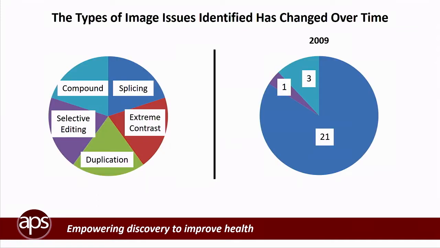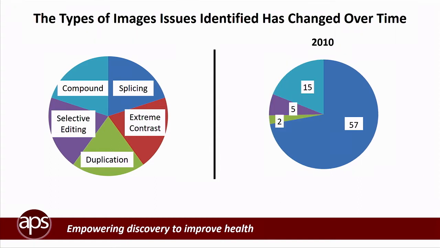Another question we wanted to look at was whether the types of image issues that we identified had changed over time. As I mentioned, we looked for evidence of splicing, extreme contrast adjustment, duplication, selective editing, and compound, meaning a combination of one or more of these issues. In 2009, our art staff identified many issues of splicing, and that was the major thing they were looking for.